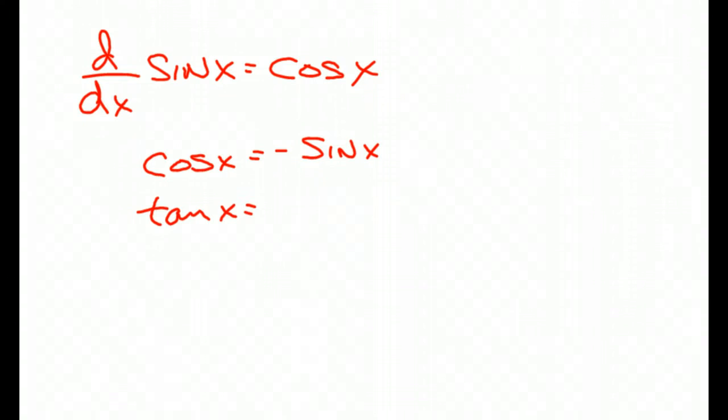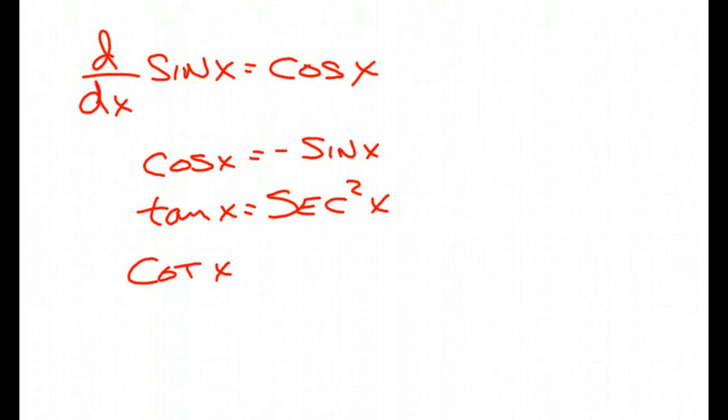The derivative of the tangent of x equals secant squared of x. The derivative of the cotangent of x equals negative cosecant squared of x. Okay, two more.